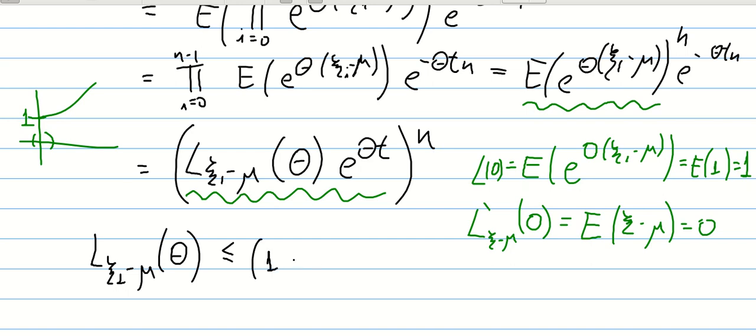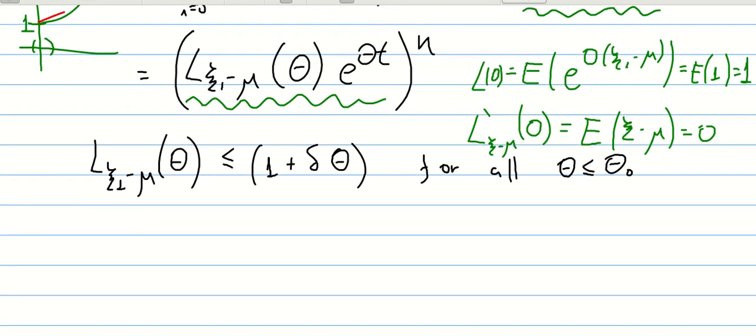This is the Taylor expansion, plus something very small times theta for all theta small enough. So we can put here a slope, a very small slope delta, and this is going to be bounded by this line here, at least close to the origin.